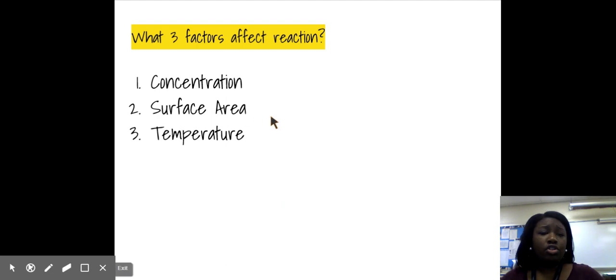Then you have your surface area, and that is where you put the products in. So if you use a small beaker or a large beaker, something that you're working with. And the third thing is temperature. Are you at room temperature? Are you heating this up? Are you going to freeze it later? Basically, how quickly that reaction occurs.